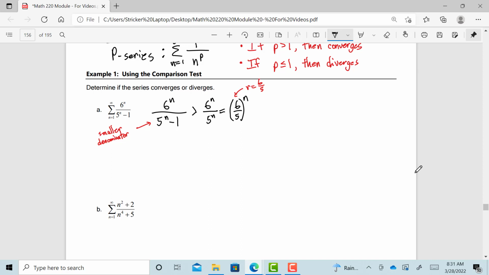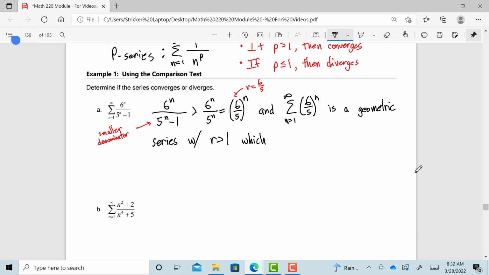So now what we can say is, this series, the geometric one, 6 over 5 to the n, is a geometric series, right? You always want to talk about the series we're comparing with, r greater than 1, which does what? Does it converge or diverge?